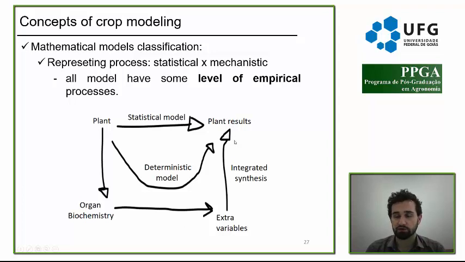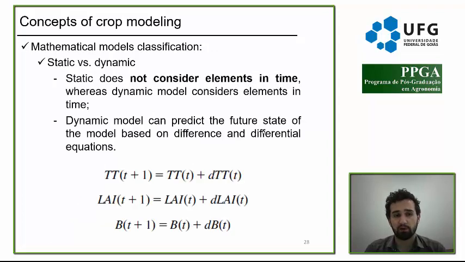So this represents how the models work based on the level of interaction that you have in the system. We have two types of model also, static versus dynamic. The static model does not consider elements in time. So for example, when you have this relation between yield and rainfall, we don't have an update based on time.